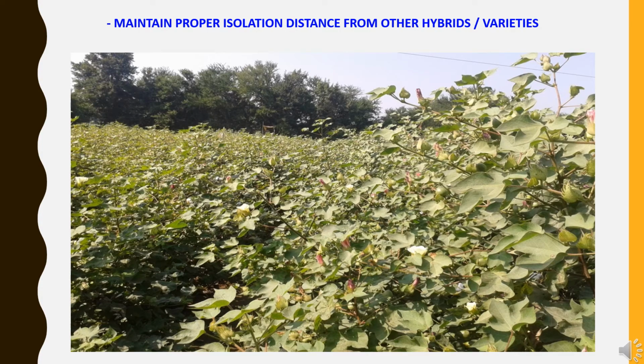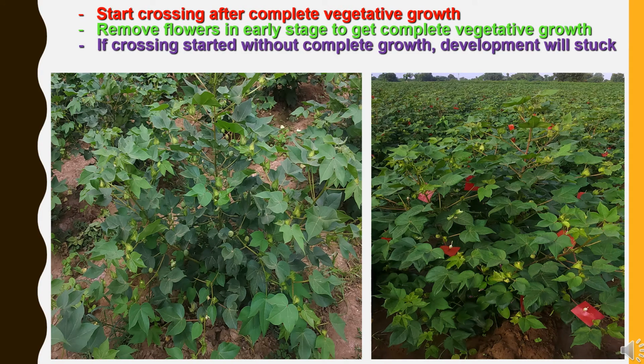We have to maintain proper isolation distance, as we discussed earlier, to avoid any contamination to the quality. Crossing should be started only after complete vegetative growth, and we have to remove the flowers at an early stage to get complete vegetative growth.